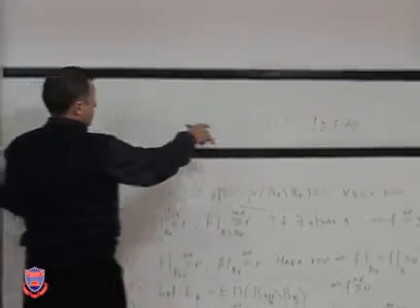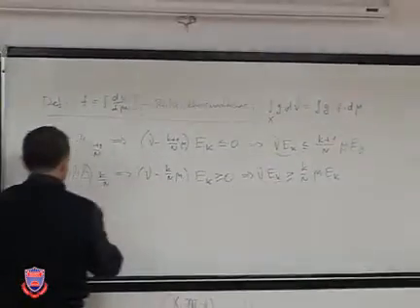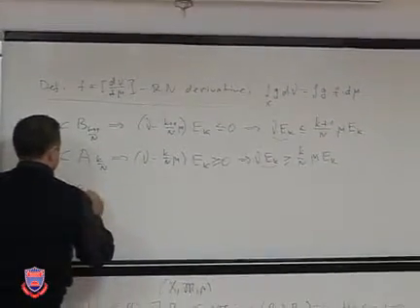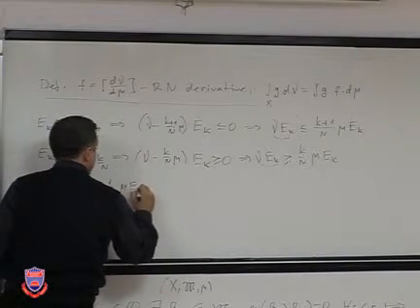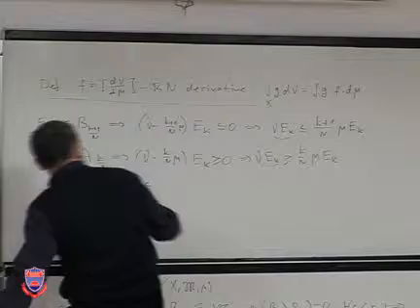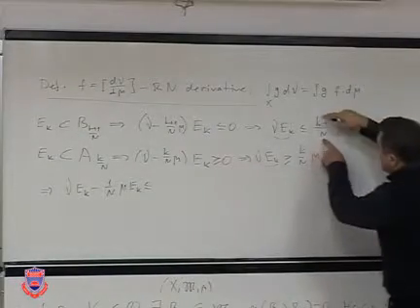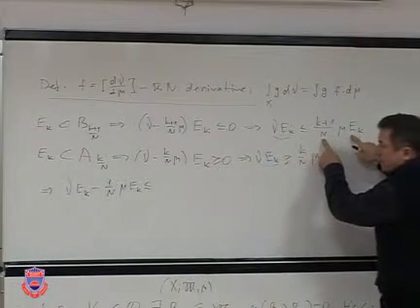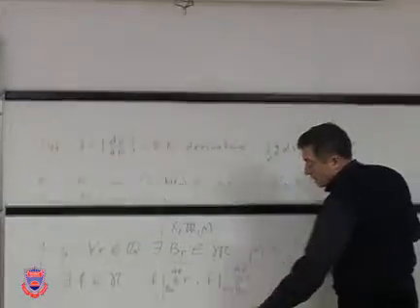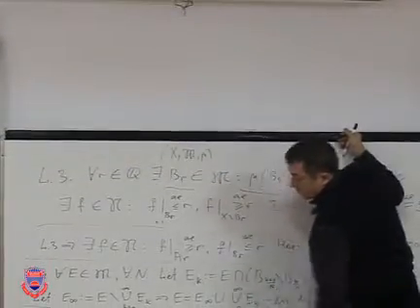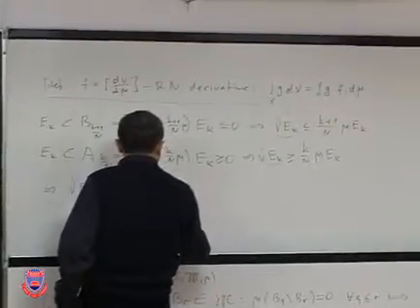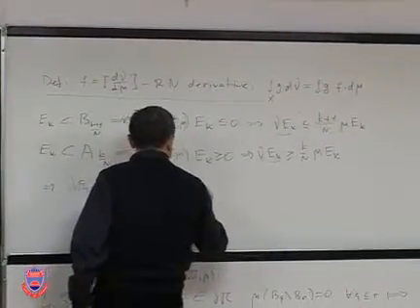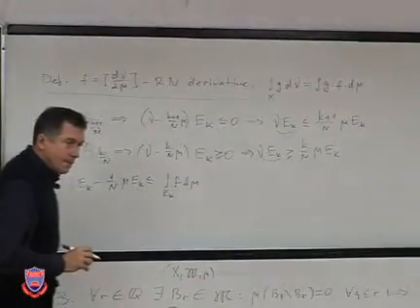So what do we have from the first one? From the first one we have ν of E_k minus (1/n) μ of E_k. It is less or equal, from the first one, to (k/n) μ of E_k. But (k/n) μ of E_k can be estimated from above by this integral. Therefore, this is less or equal than the integral over E_k of f dμ.